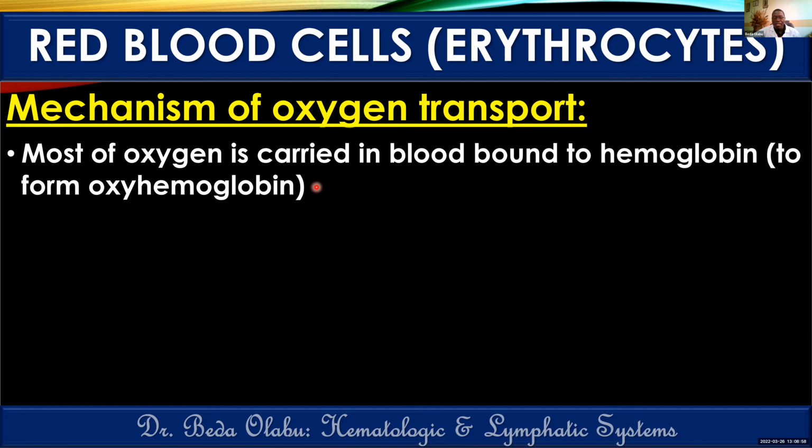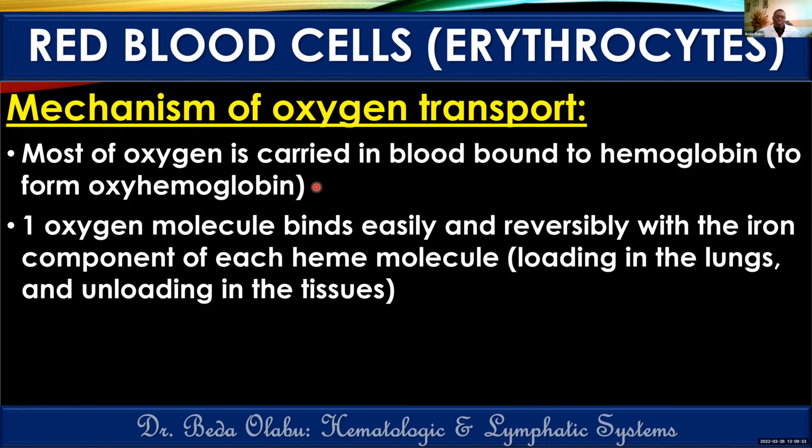There's some oxygen that is dissolved within the plasma water, maybe 1.5%. There's also some oxygen that is dissolved within the cytoplasm of the red blood cells, again maybe another 1.5%. So that 3% of oxygen is not necessarily bound to hemoglobin, but 97% of oxygen is bound to hemoglobin. So the majority of oxygen binds to hemoglobin.